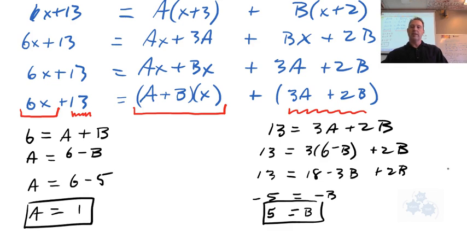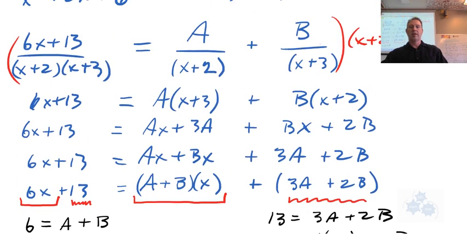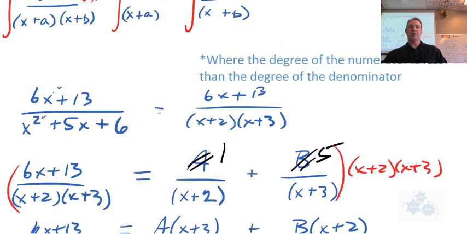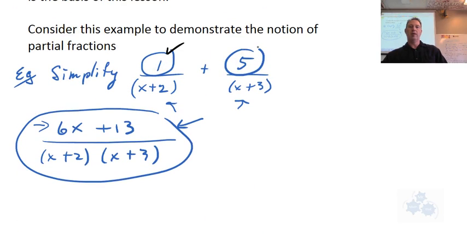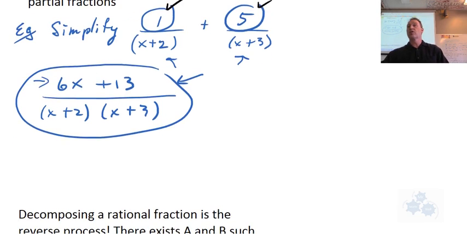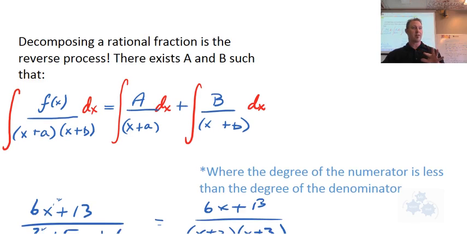Now, notice that a is 1, b is 5. Is that true? Because we started off with this example, and what did we have at the beginning? Oh my goodness, 1 and 5. See that? So now, the tricky thing is there are 2 unknowns instead of just 1, so you have to use logic, substitution, this sort of thing.